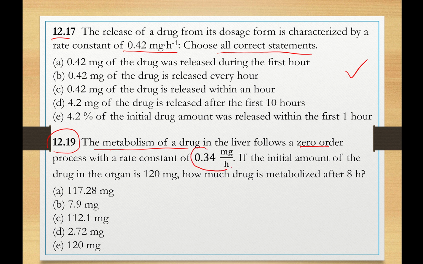The rate constant is given to you. If the initial amount, that would be A0, is 120 milligrams, how much drug is metabolized after 8 hours? So you need to calculate the drug metabolized. You can do that by calculating the product, of course. All right? Enjoy it.